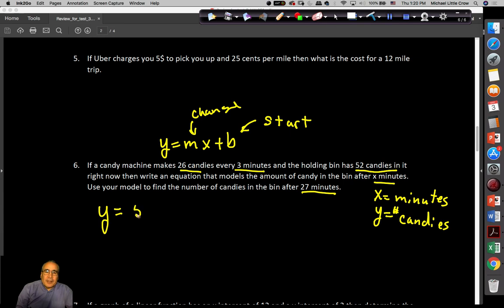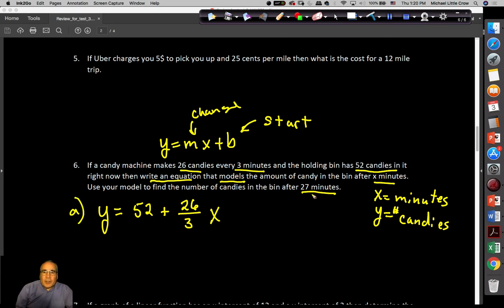There's already 52 in there. That's cool. And what we're going to do is add 26 candies every 3 minutes. And we multiply by minutes. So after 3 minutes, 3 divided by 3, we're going to add 26. So there's our equation. That's the model. So write an equation that models this. That's sort of the A part of this question.